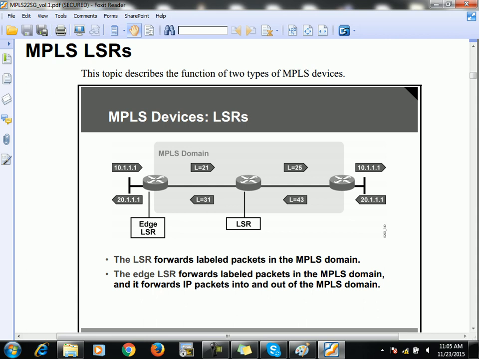Then there is a terminology called LSR, label switch routers.